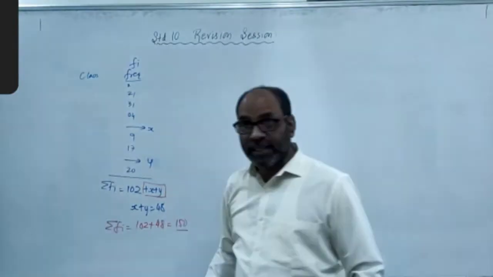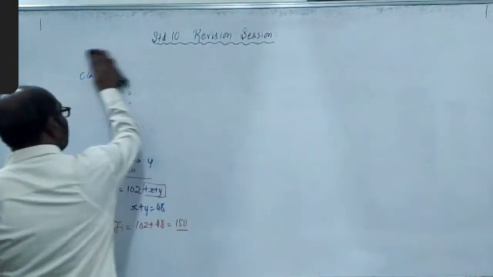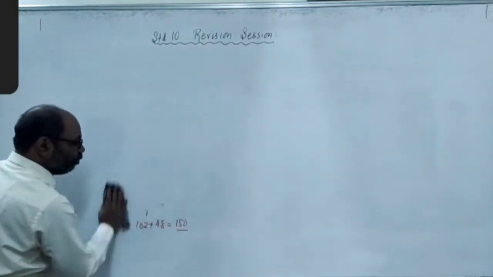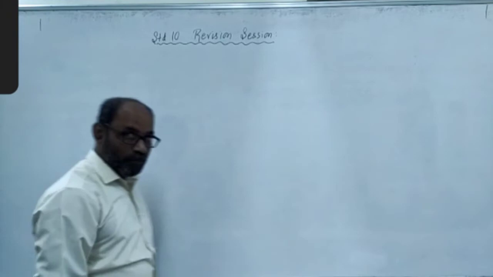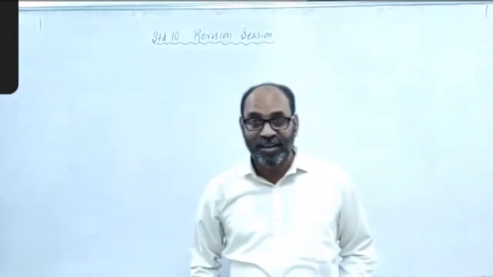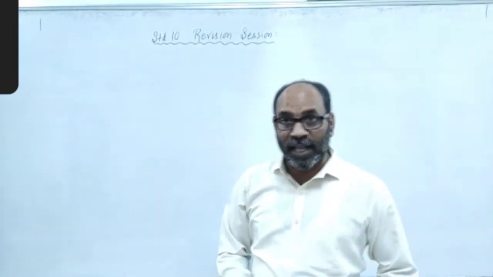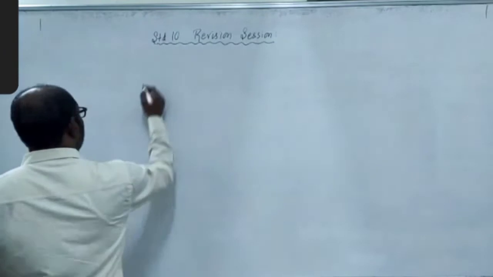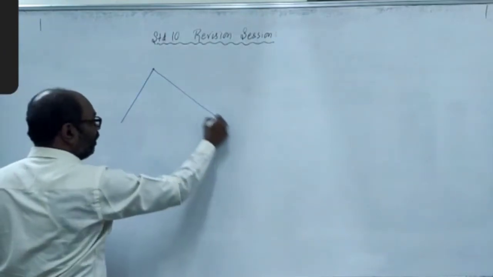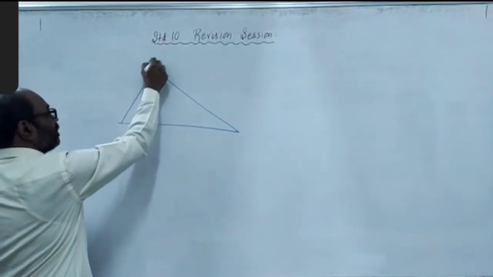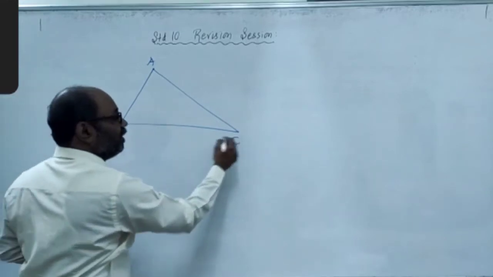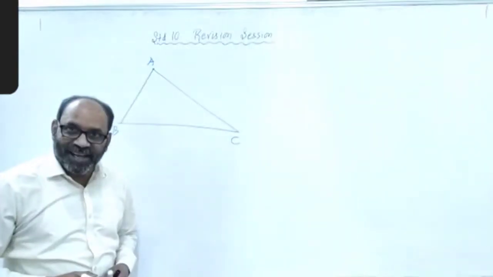Next is Thales theorem. I hope you have learned it. I am going to do it roughly. I won't be writing each and everything. But what is Thales theorem? You have a triangle, let's say ABC. It has three sides.